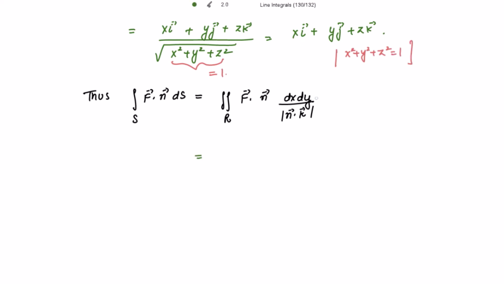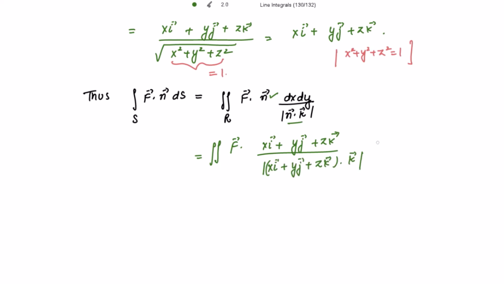Alright, so putting the value of n vector over here, we get double integration f vector dot x i vector plus y j vector plus z k vector divided by the mod of n vector dot product with k vector dx dy.